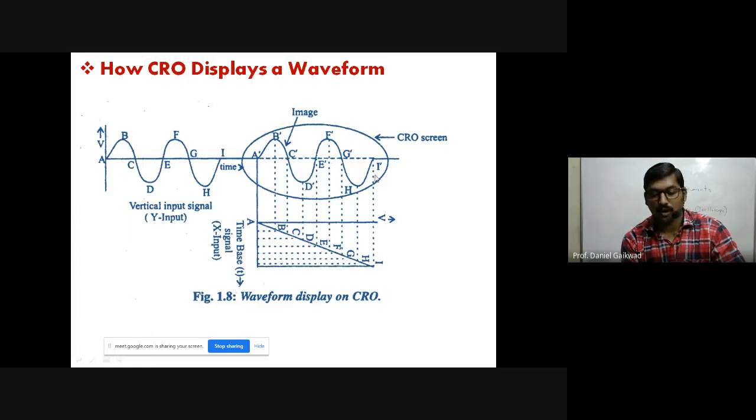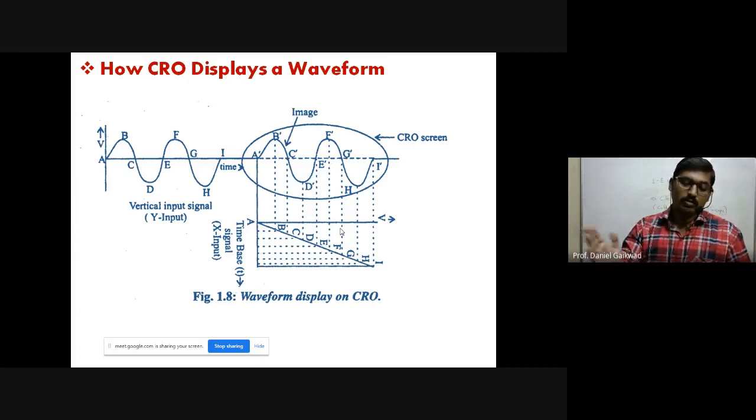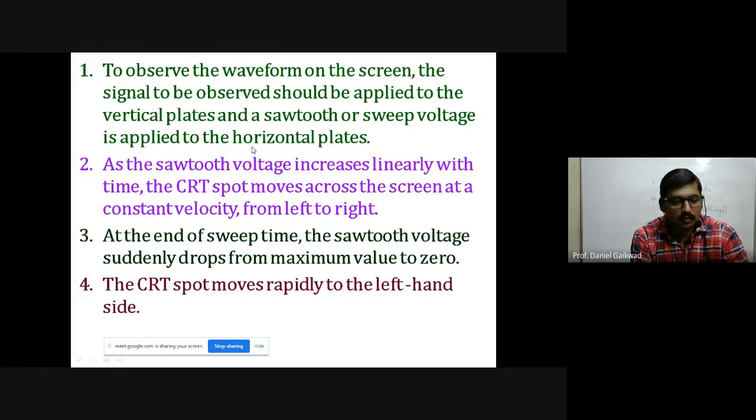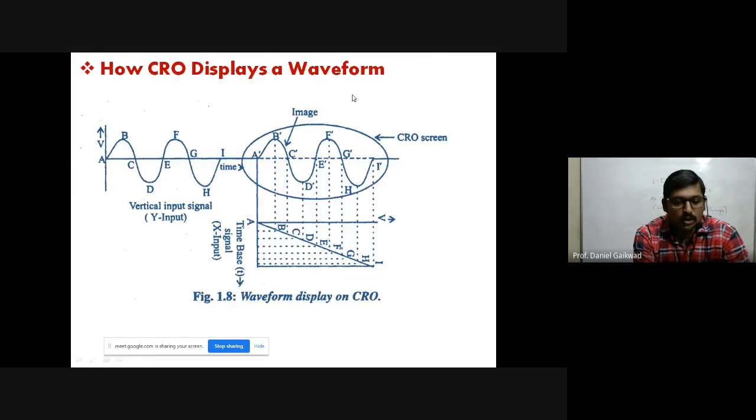From left to right, the beam displays A dash, B dash, C dash up to I dash, and when it returns from I dash to A, that remains blank with the help of the blanking circuit. Again it will display A dash to I dash, blank, A dash to I dash, blank, like this. So this is the understanding of how the CRO displays a waveform.